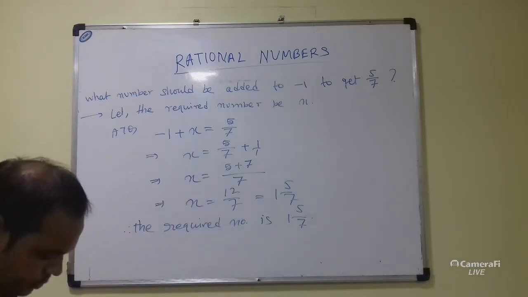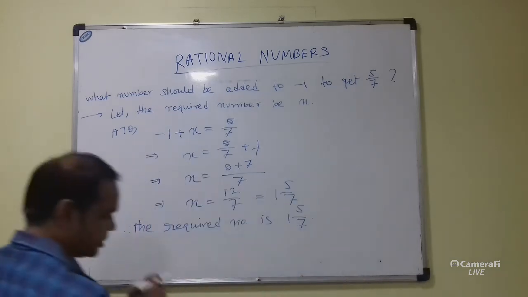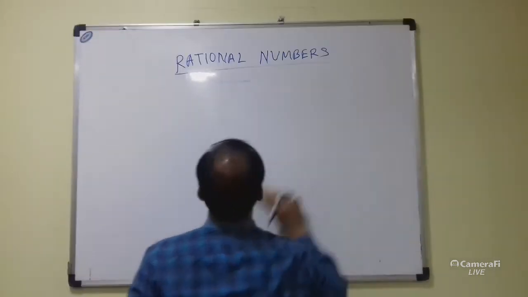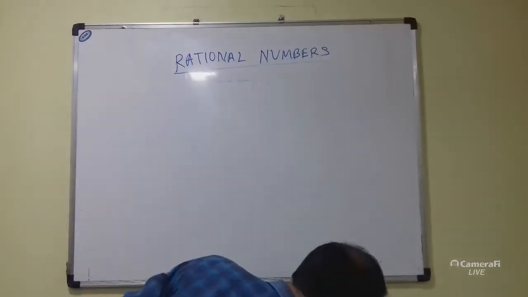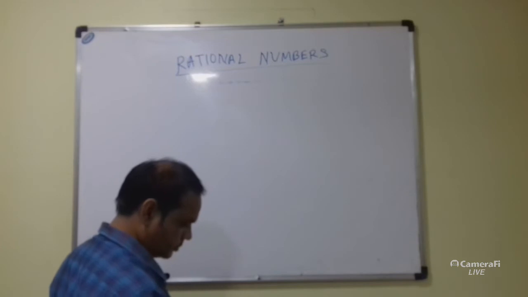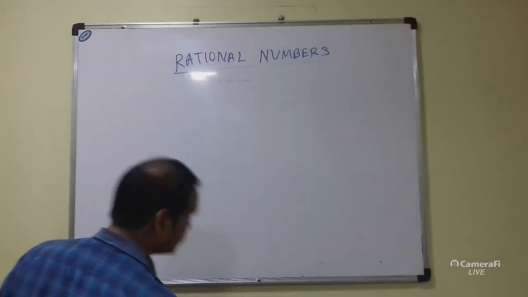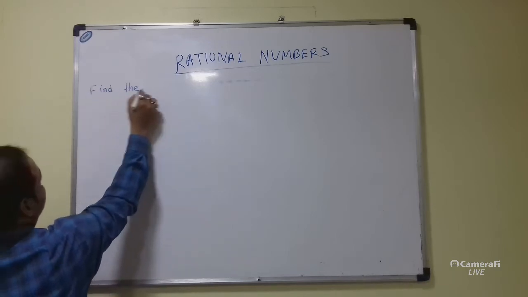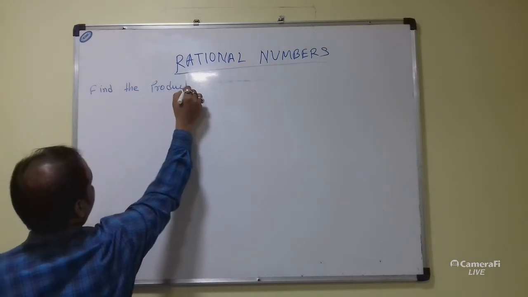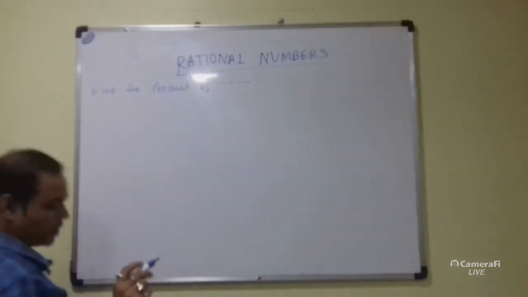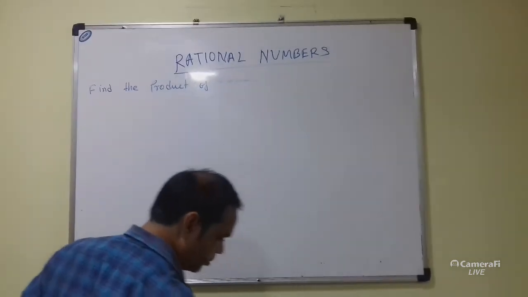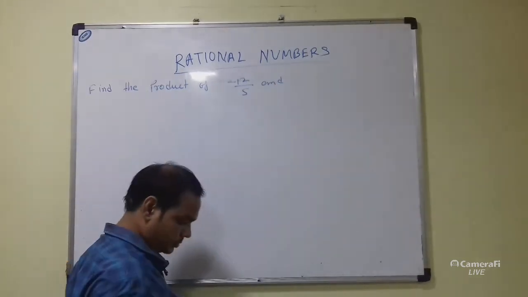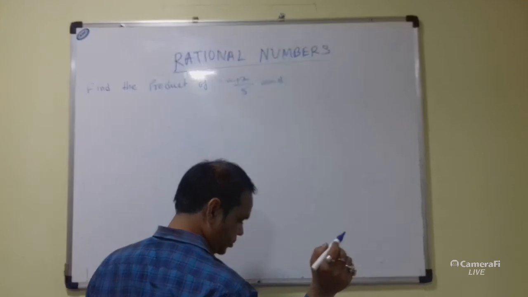Now students, I am going to show you how to multiply, that means multiplication of rational numbers. The question is: find the product of minus 12 by 5 and 10 by minus 3.